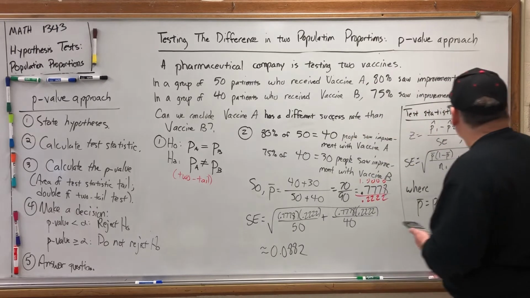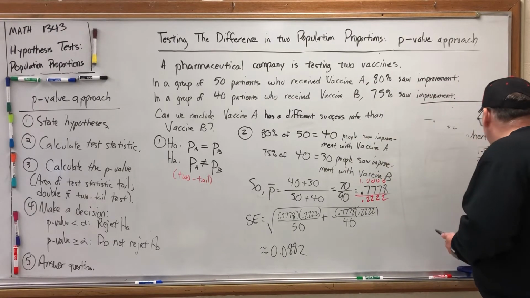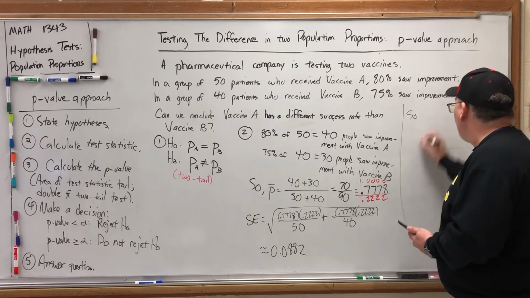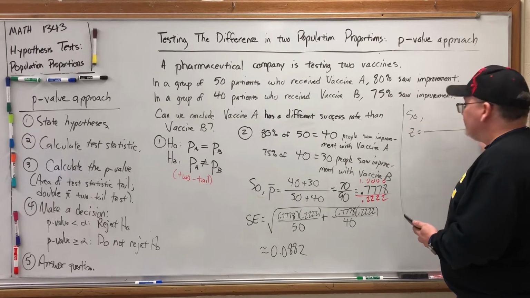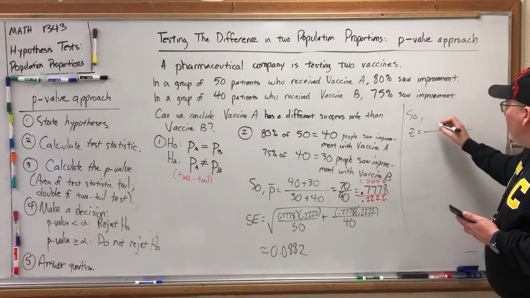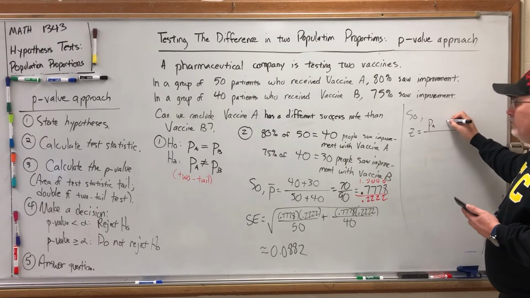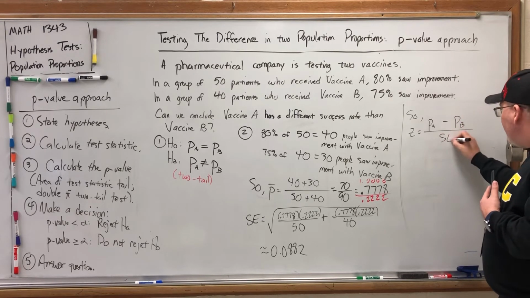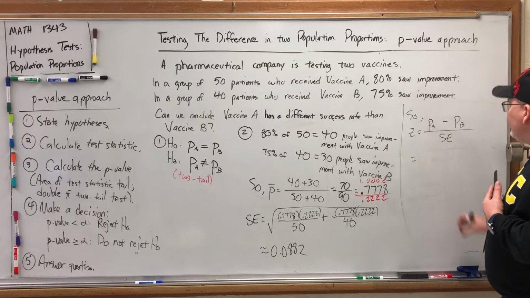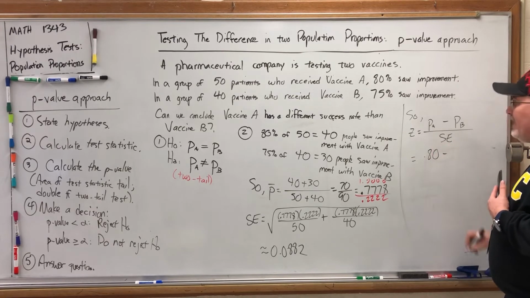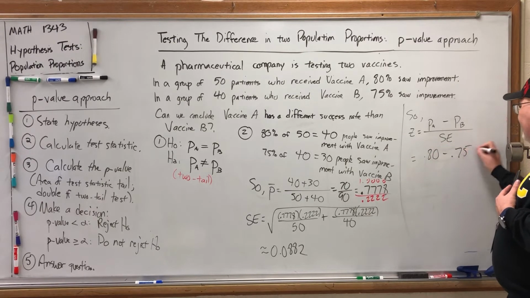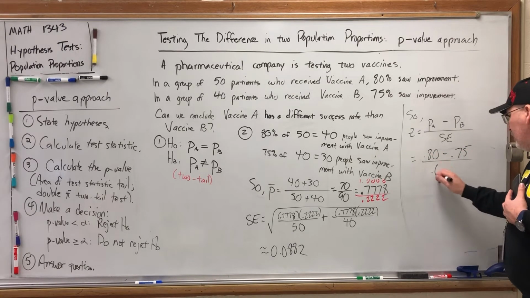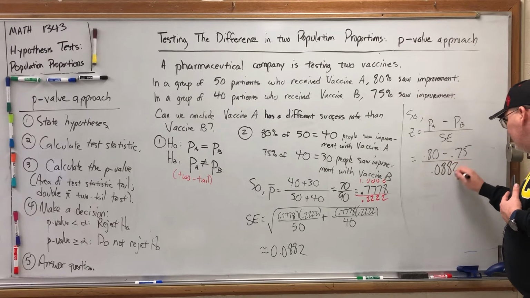I'm going to erase the formulas over here and just finish it. So our Z is going to be the percent of vaccine A improvement patients minus the percent for vaccine B over the standard error. 80% saw improvement with vaccine A, so 0.80 minus 0.75 for the 75% who saw improvement with vaccine B, over the standard error, 0.0882.